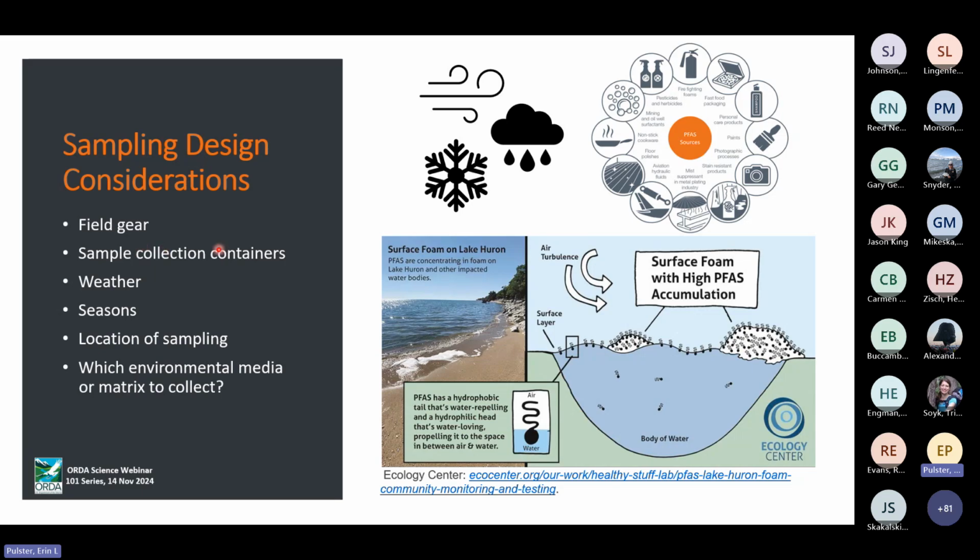Same thing with collection containers. Typically, glass containers were used a lot for tissues or sediments, but there's some indication in the literature that some PFAS compounds actually bind to the glass. The recommendation typically is to use polypropylene. Polypropylene for large volumes of water is probably better for the field anyway, so you don't have broken glass.